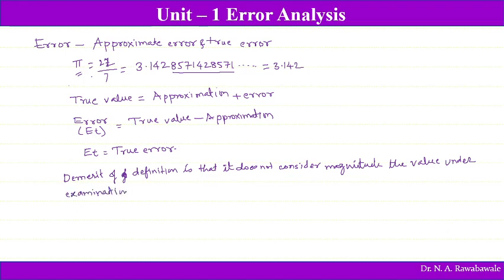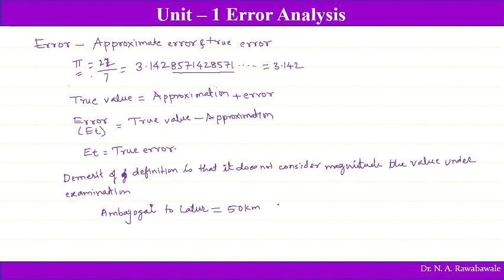What does it mean? Say for example, you are going to measure a distance from Ambejogai to Latur. The exact distance between these two cities is, say, 50 km.